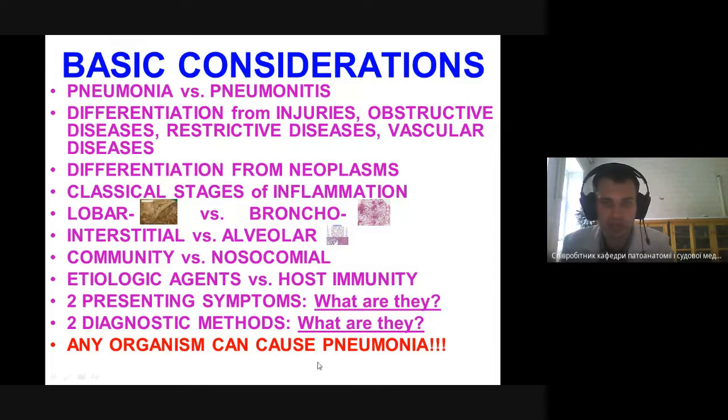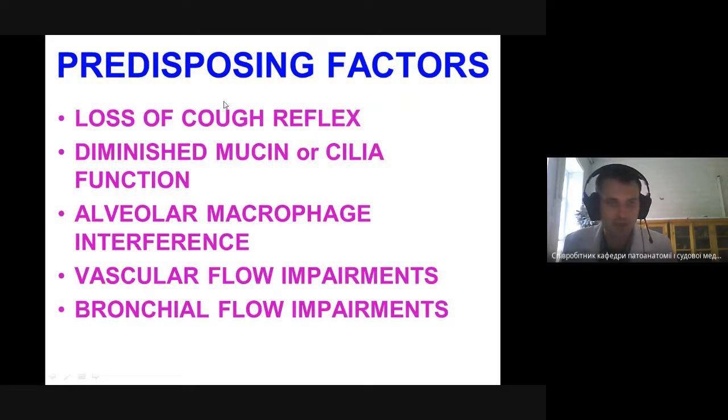Any organism can cause pneumonia with immunodeficiency, especially in immunocompromised people. Predisposing factors: loss of cough reflex.